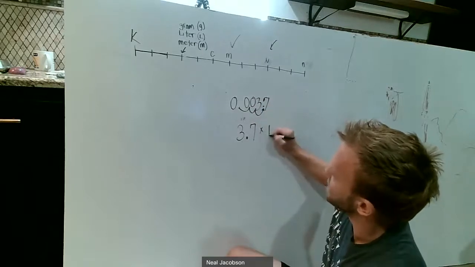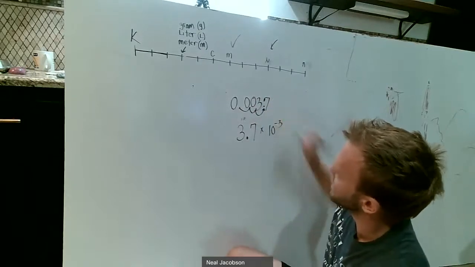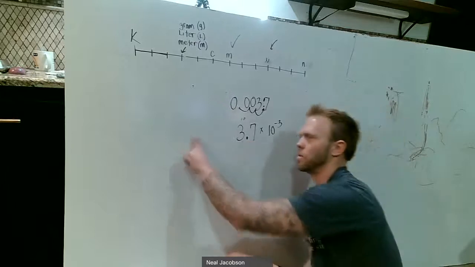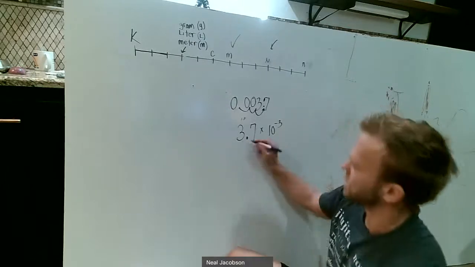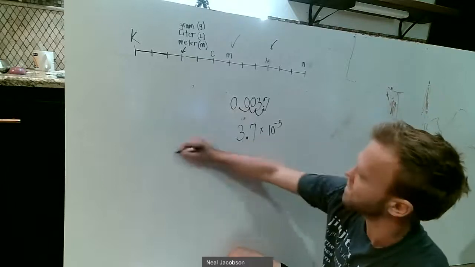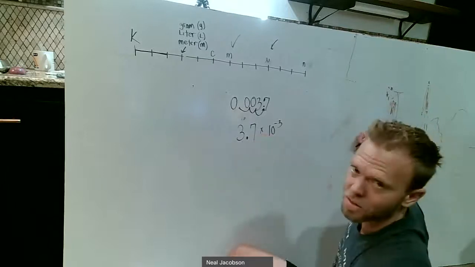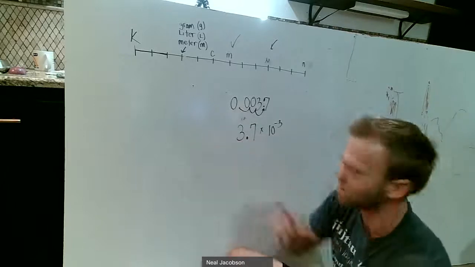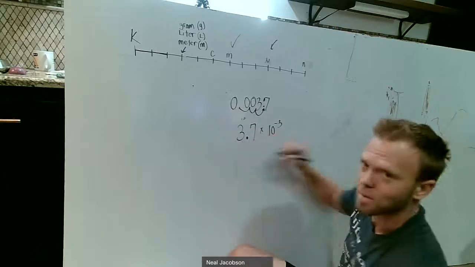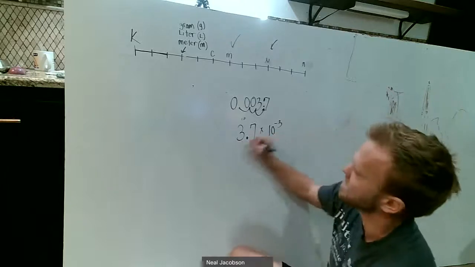So I multiply by 10 to the minus 3, because the minus 3 is going to move the decimal that way. Plus 3 is going to move it that way, right? It's the difference between a fraction and thousands and millions, right? Are we dividing it into thousands and millions of pieces, or do we have thousands and millions of parts? That's what this decimal does.